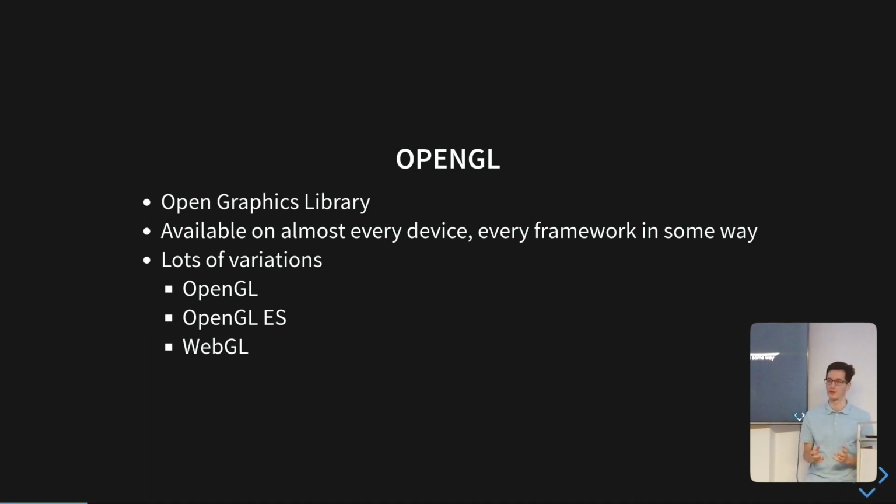It is available on almost every device, every operating system, and it has quite a few variations. OpenGL for desktop PCs, OpenGL ES for embedded devices like smartphones and televisions, and there is WebGL, which is a JavaScript API available in browsers.